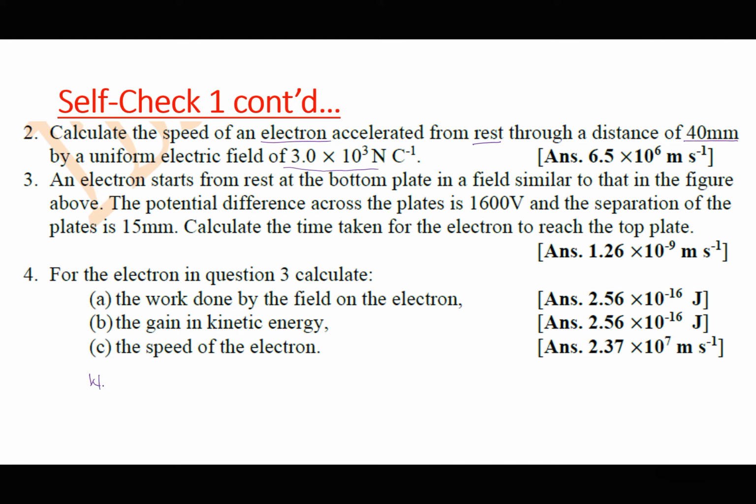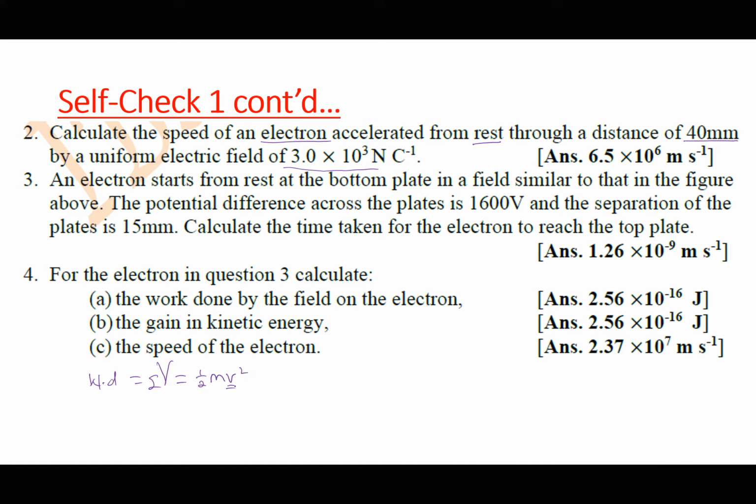The work done, which is charge times accelerating PD, is the same as the gain in kinetic energy, which is a half mv squared. You check if that can give you the speed. You have the charge, you don't have the accelerating PD. You know the mass of an electron, you want to find the V.